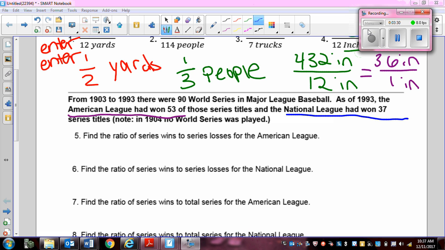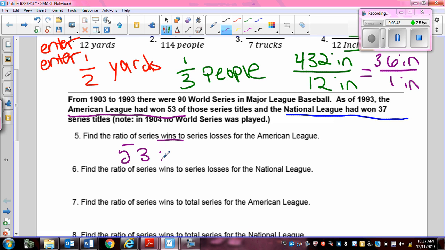So the American League won 53, and it says find the ratio of the wins. So we put the wins first, which is going to be 53 to the losses. So if the other league won 37, then that means that the American League lost 37.